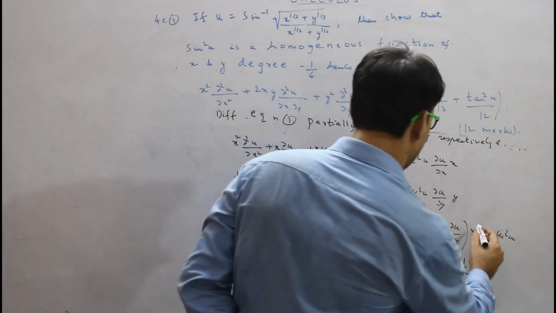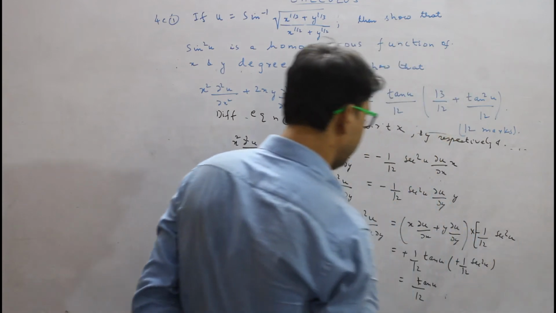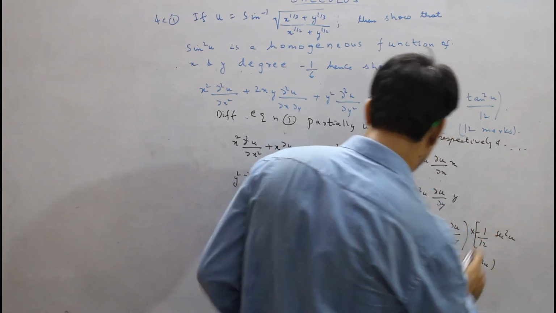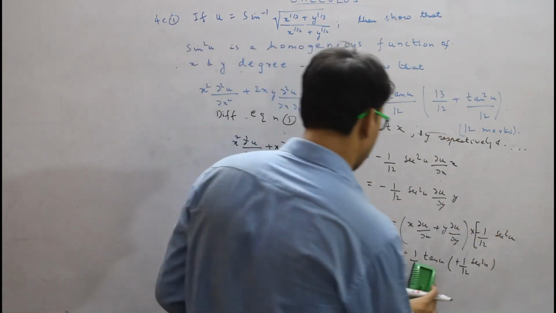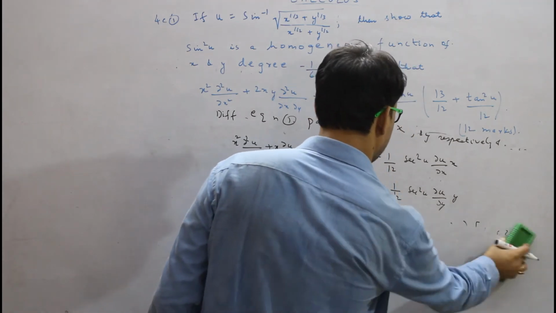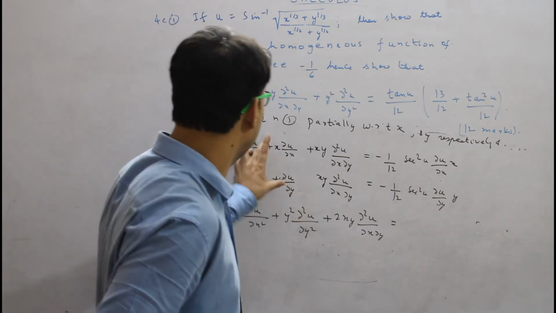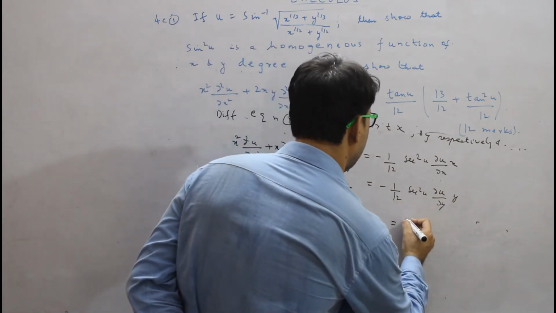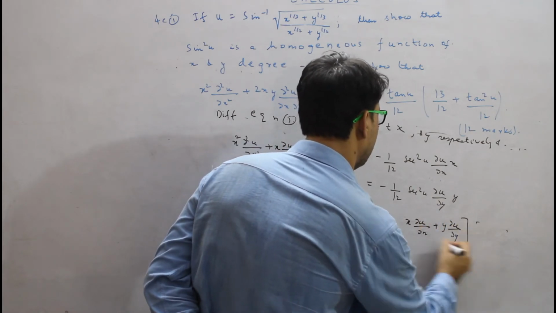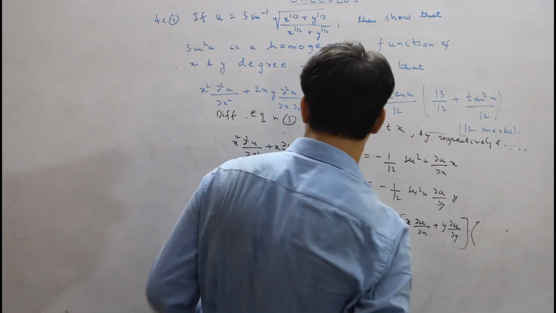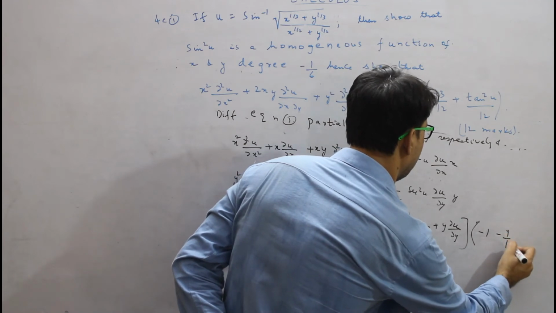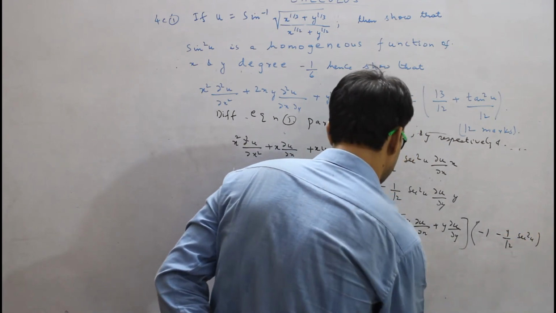Okay, and we have forgotten to take this one common, so I will just rewrite it once more. So I am just taking both these on the same side, so I will write this as x ∂u/∂x plus y ∂u/∂y. This is common, so when I am going to take this one on that side, this gives me minus 1/12 sec² u. So this is how much?